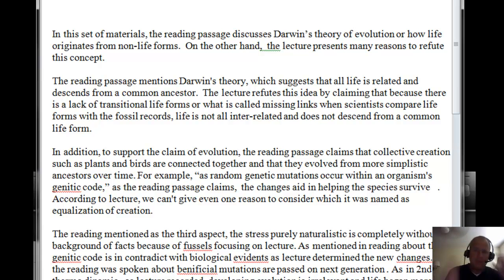Excuse me. Okay, let's keep working here. So it does say that in the reading passage. As the reading passage claims, the changes aid in helping the species survive.